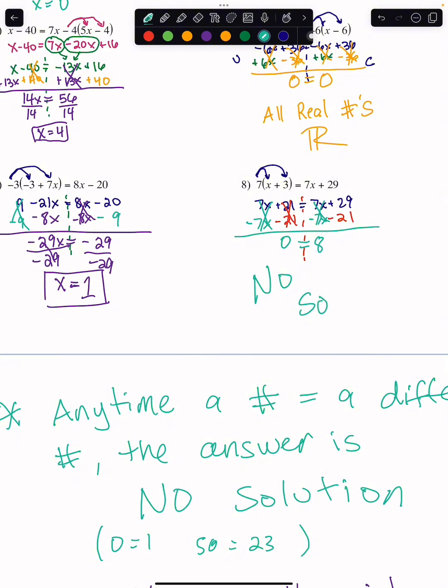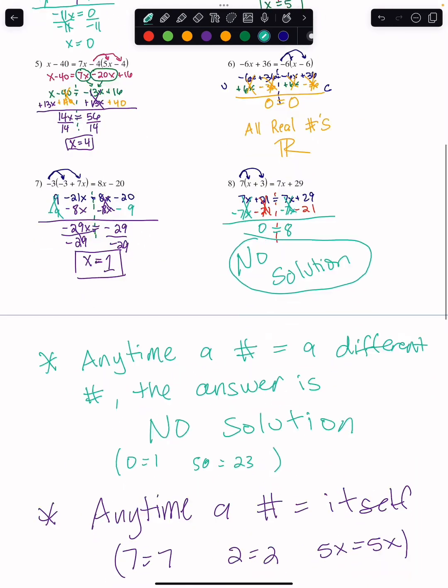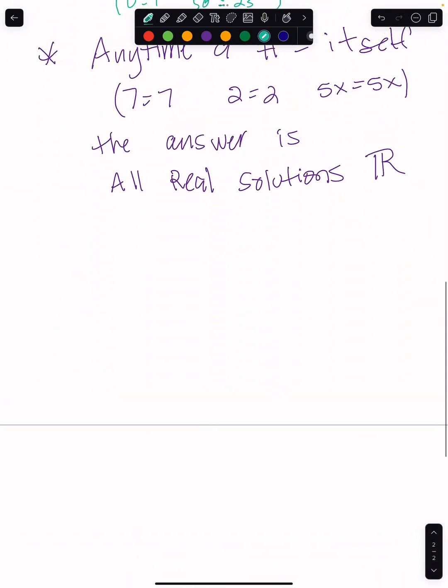Okay. One final piece of wisdom. When you do these, you're going to have one of a few answers. Okay. And I want you to write these down. These are your possible answers.